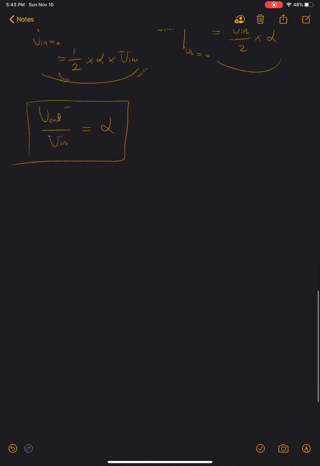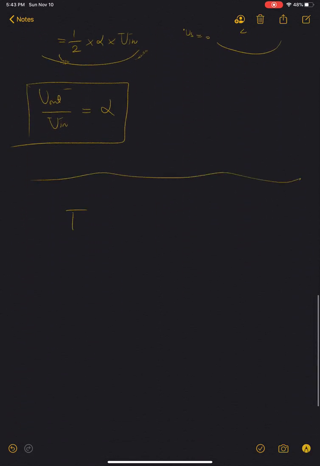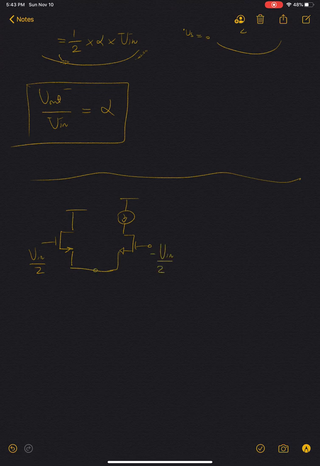And the circuit is actually equivalent to this.